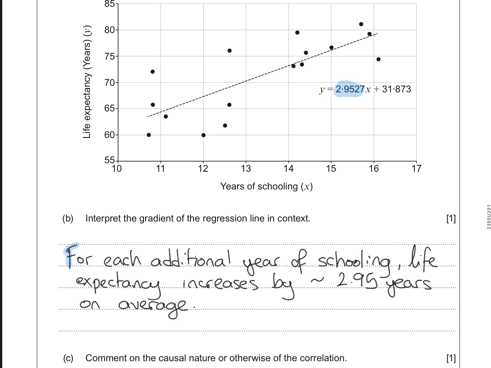Okay, so it's really important that we are very clear what we are talking about. We are talking about an additional year of schooling, how it affects life expectancy, it increases it, and we must say on average, because you can see that these points, while they tend to follow a general trend, there are some that have more schooling but actually have a lower life expectancy.